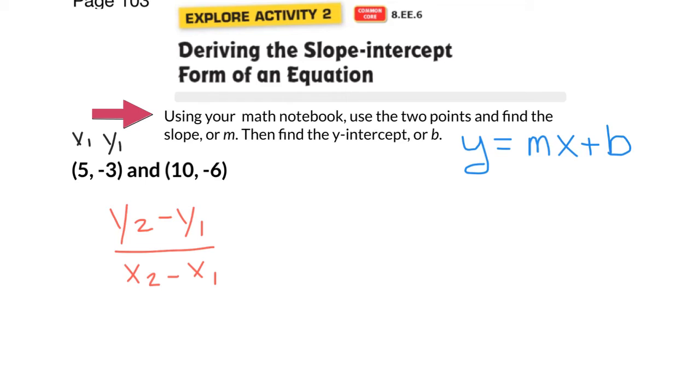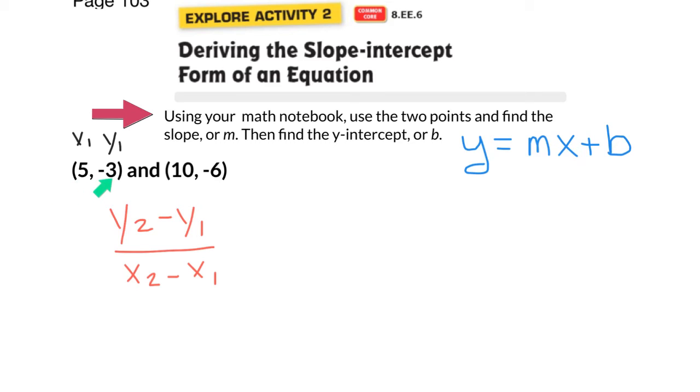Okay, if you go to page 103, it says deriving the slope-intercept form of an equation. Now, I don't believe that an 8th grader needs to know how to do that. However, there is something here I want to review, and there's something new I want to show you. So first of all, the review.